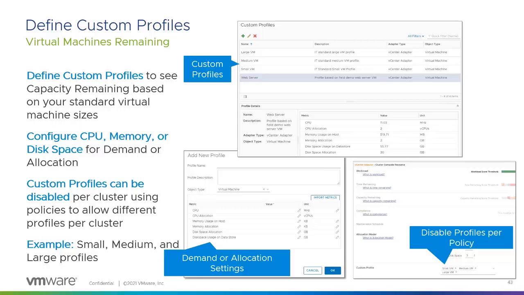Or if you have a specific use case, like maybe a SQL server or something, you can do those kinds of definitions in here as well. And you can define them both on demand or allocation based. You just need to make sure that if your cluster is running in demand mode, you define the demand numbers on your profile. Or if you're running an allocation model, you can define both allocation or demand.